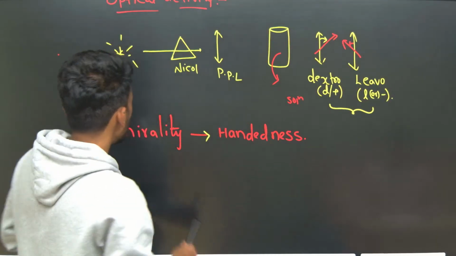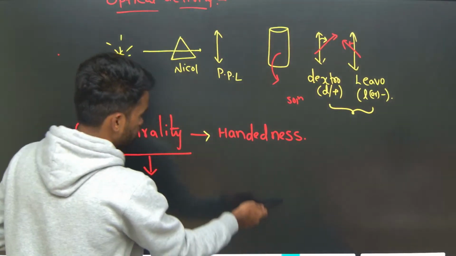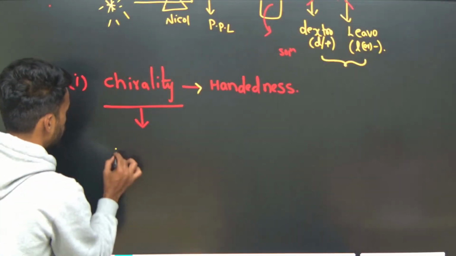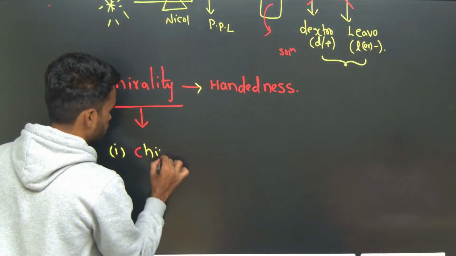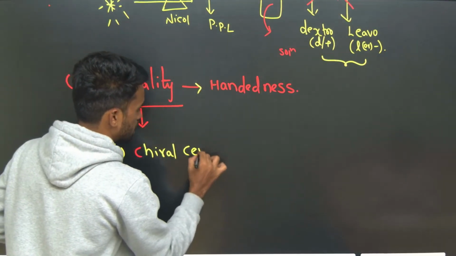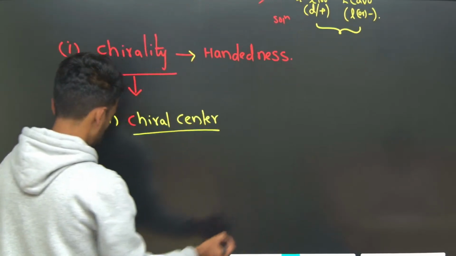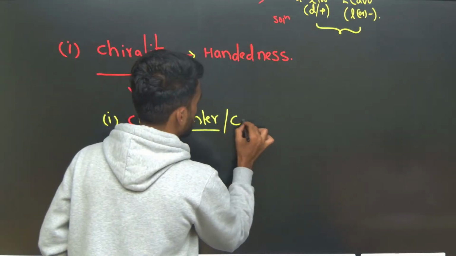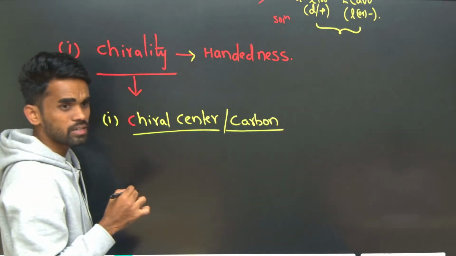Now before that, how can we identify chirality by looking at the molecule? The first way is to identify a chiral carbon, or chiral center. What is the valency of carbon?